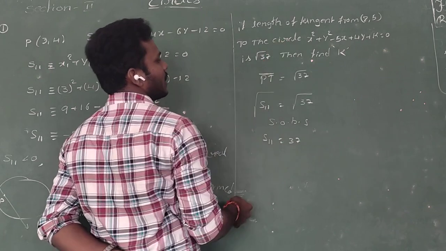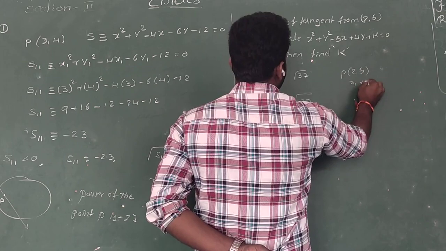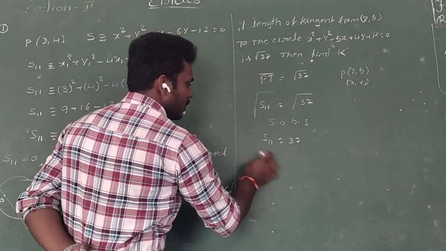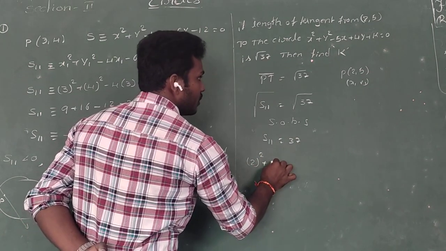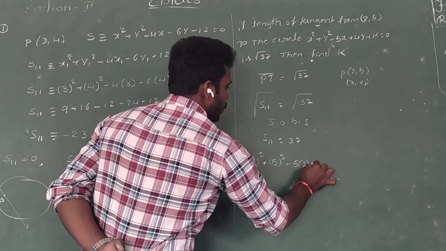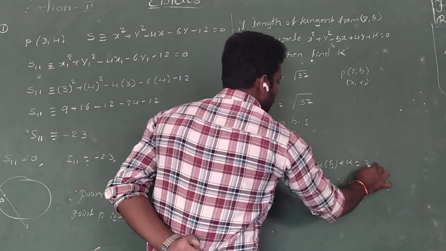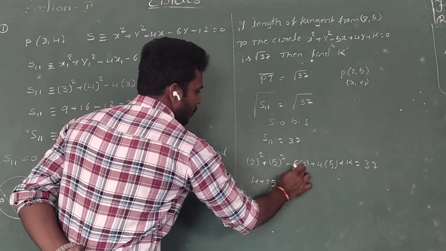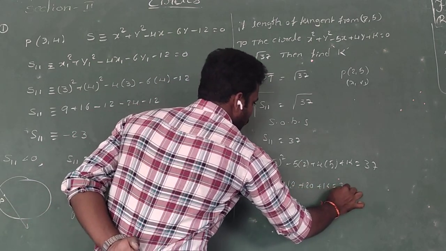Now check the point. The point P is (2, 5), that is x1, y1. The circle equation is already there, so we can substitute directly. That is 2 square plus 5 square minus 5 into 2 plus 4 into 5 plus k is equal to 37. So now it is 4 plus 25 minus 10 plus 20 plus k is equal to 37.